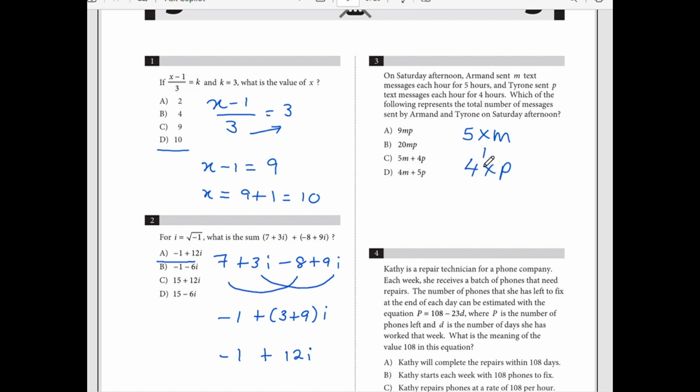Then we can add these two to get the total number of messages. It's 5M plus 4P. This.